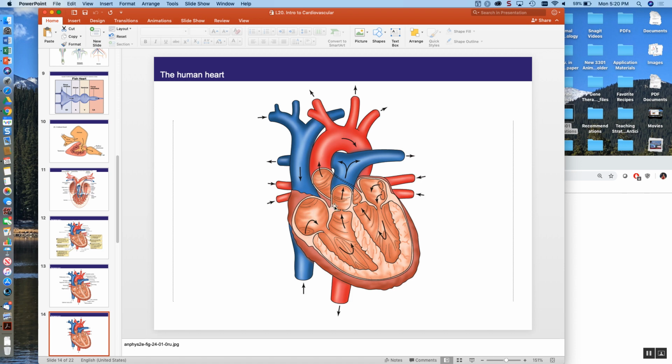When both atria contract, blood goes from the right atrium to the right ventricle, and it goes through the tricuspid or the right AV. The tricuspid is the same thing as the right atrioventricular valve.